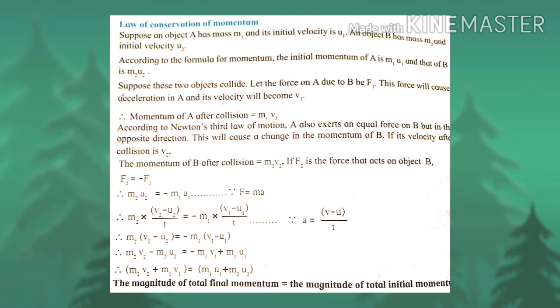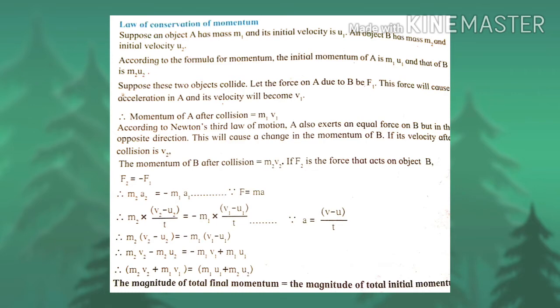The negative sign indicates the force acts in the opposite direction. But F is equal to ma. Therefore, F2 is equal to m2 a2 and F1 is equal to m1 a1.